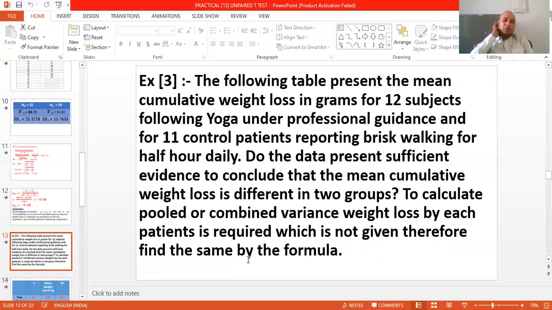Do the data present sufficient evidence to conclude that the mean cumulative weight loss is different in the two groups? To calculate the pooled or combined variance, weight loss by each patient is required, which is not given. Therefore, find the same by the formula.